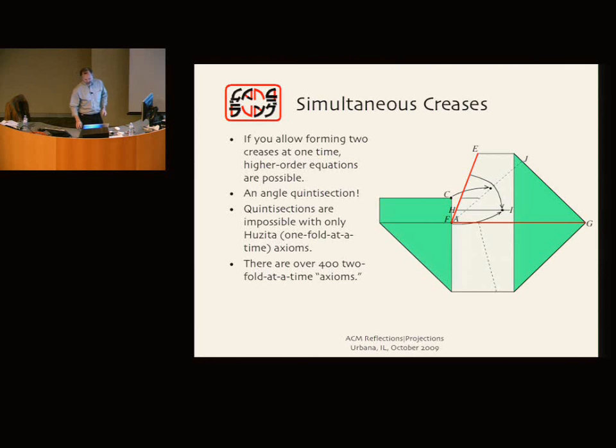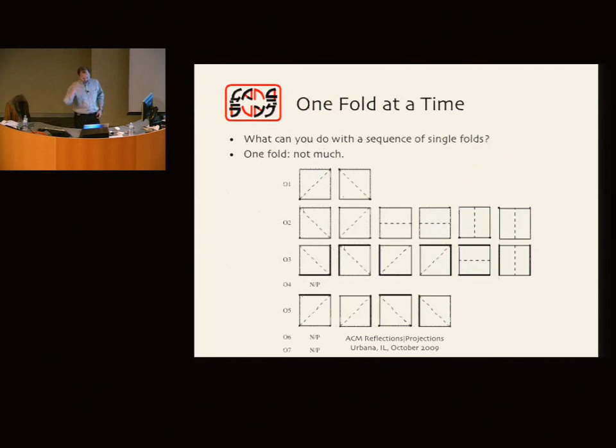But there's some practical use to this, because you can use these axioms to figure out how to make a specific fold. If you ask the question, what can you do with 1 fold at a time? With a single fold, you can't do much. If I just have a square, I can do diagonals, I can do horizontals, I can do verticals. This is all the things I can do with those 7 axioms.